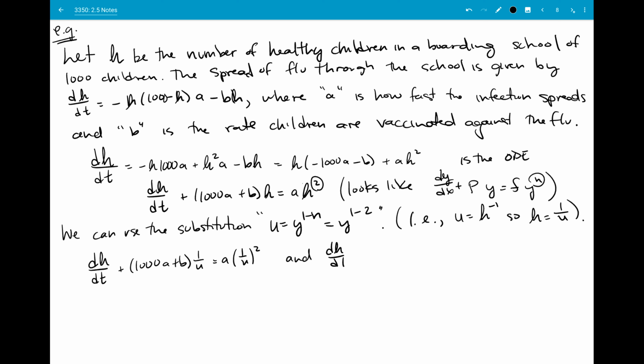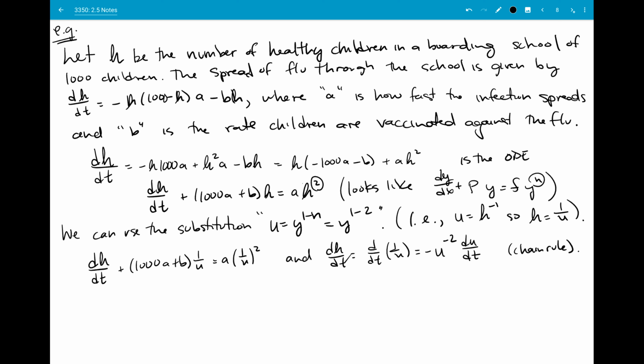And dH/dt is d/dt of H, so 1 over u. So that's going to be minus u to the minus 2, right? Because 1 over u is u to the minus 1. But we have to remember that u is a function of time. It's the solution to a differential equation, or related to the solution to a differential equation. And so we have to remember to write du/dt by a chain rule.